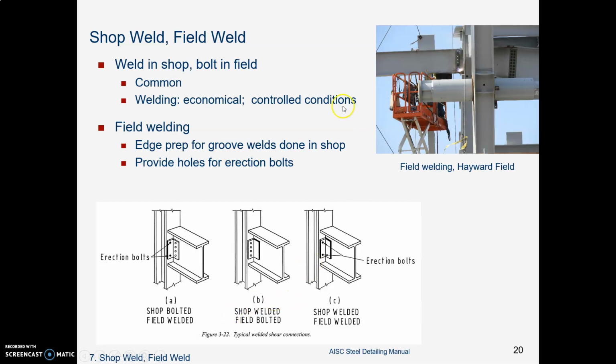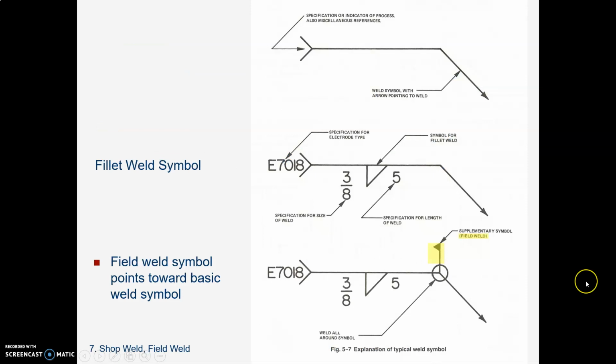And out in the field, these angle clips will be held on by lower strength common bolts to hold them in place while they're doing the welding. The shop will provide the bolt holes for holding that on, and many times they'll attach the angle clip to the end of the beam and it'll ship together as one piece.